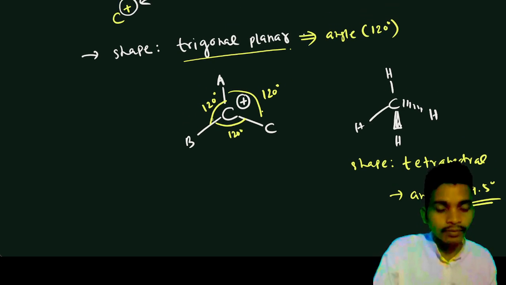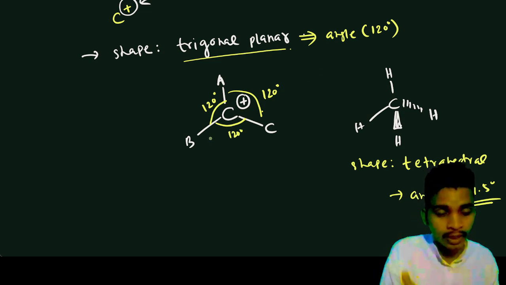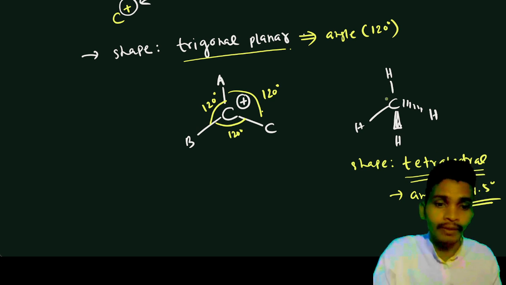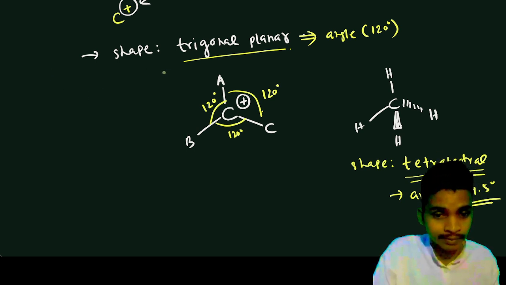So whenever you discuss any carbon atom, it has four valence electrons, and whenever it fills the octet, it generally makes the tetrahedral shape where the angle needed is 109.5 degree. But whenever you talk about carbohydrates, it has the shape of trigonal planar, and the angle needed for the trigonal planar is 120 degree. In this shape, the angle between the two bonds is 120 degree.